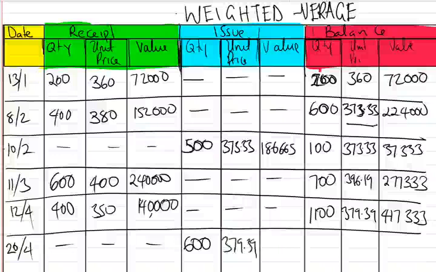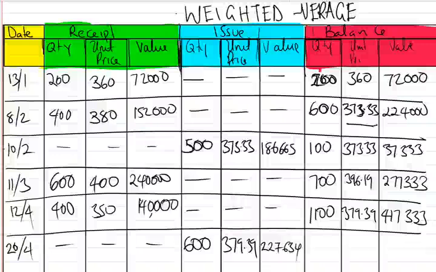If we multiply 600 times 379.39, so that's on 20 April, we should find 227,634.